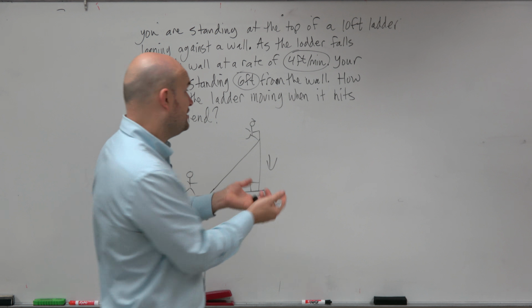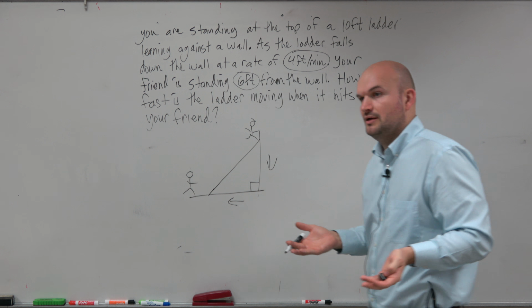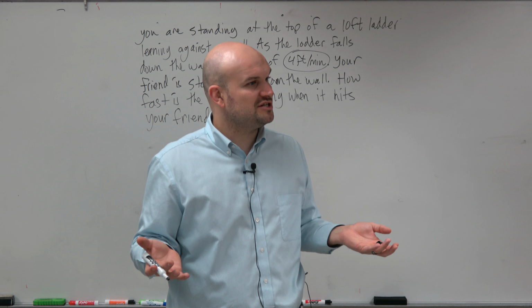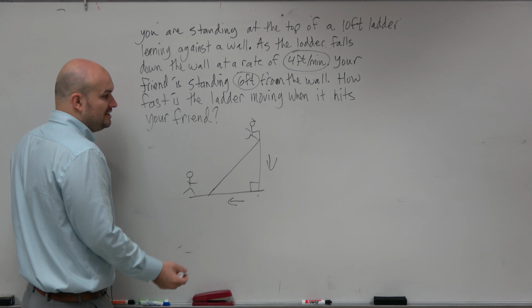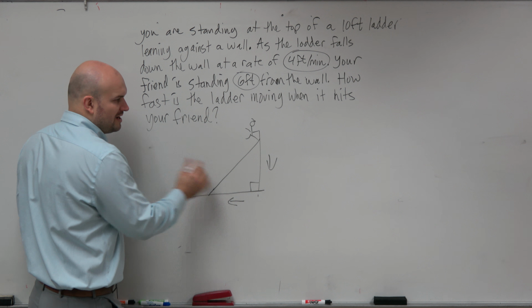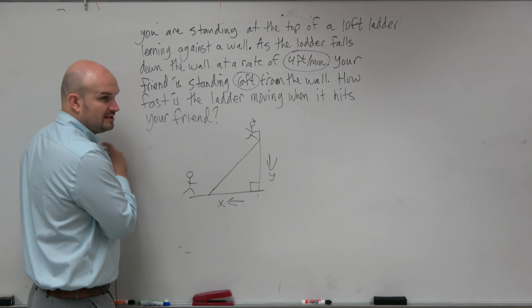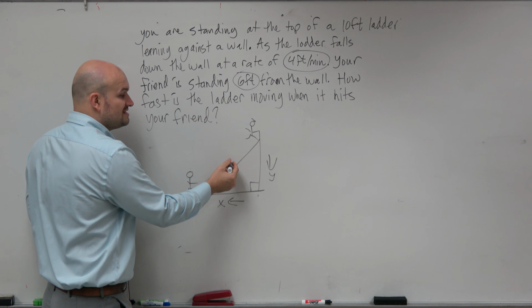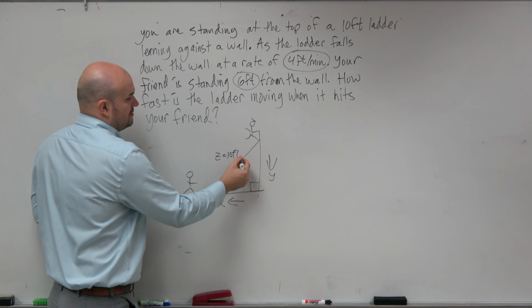So we look at this picture and ask, what equation can we create based on the information we have that we can find the derivative of? We notice there are basically two things going on. We have a distance here that's changing, and a distance here that's changing. Now we have a distance here that is not changing: z equals 10 feet.